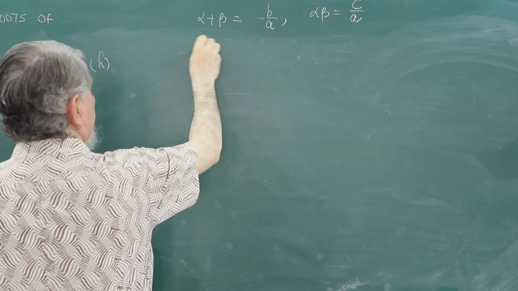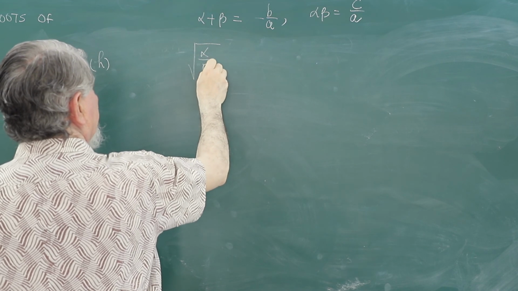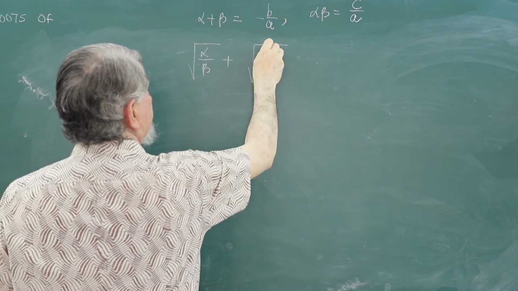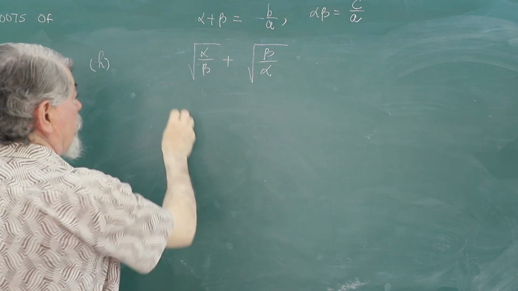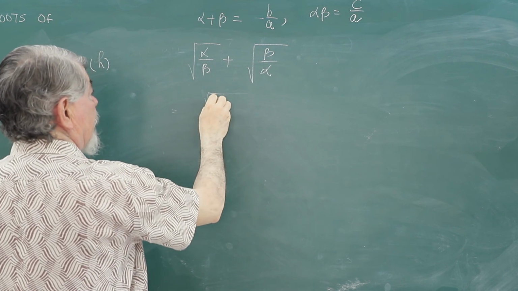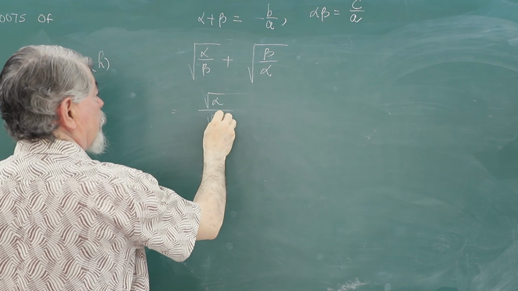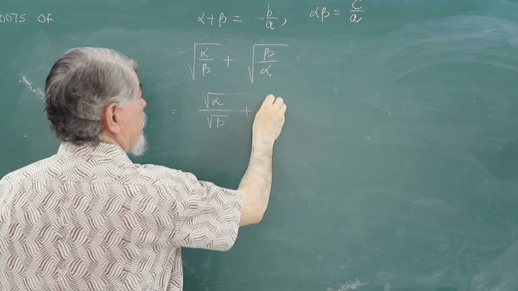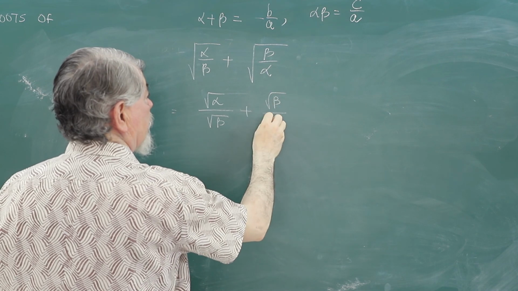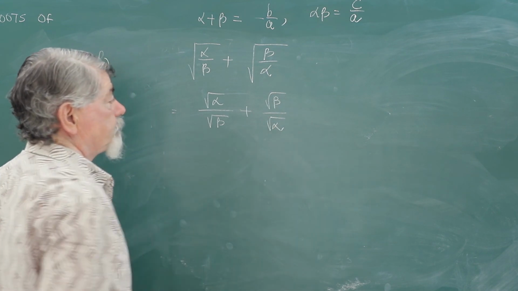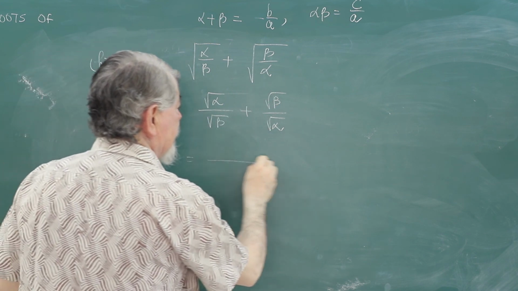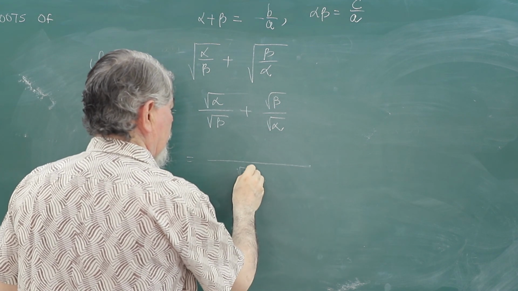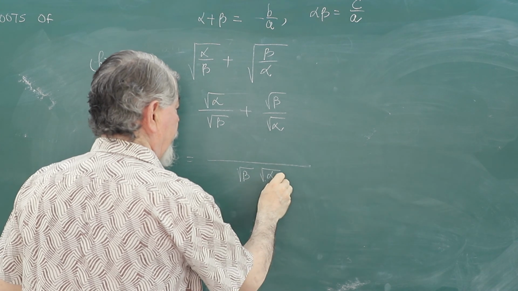It is under root alpha upon beta plus under root beta upon alpha. We can write this as under root alpha upon under root beta plus under root beta upon under root alpha. They can be separated like that. Now I'll take the LCM: under root beta, under root alpha.